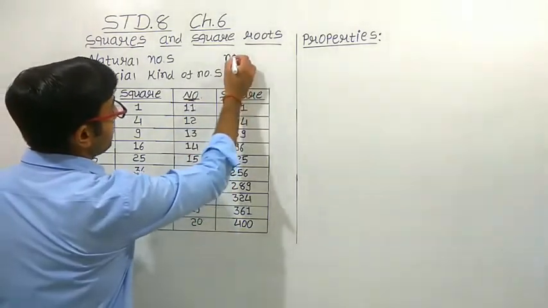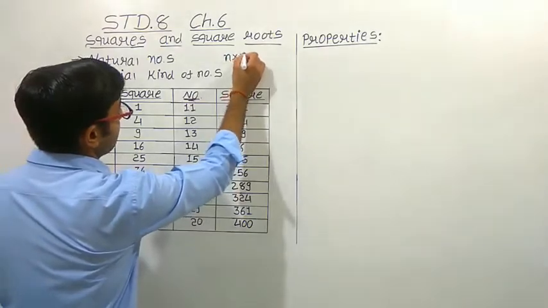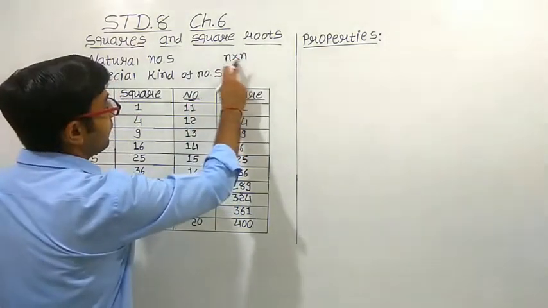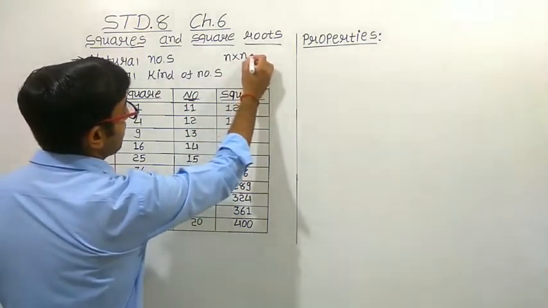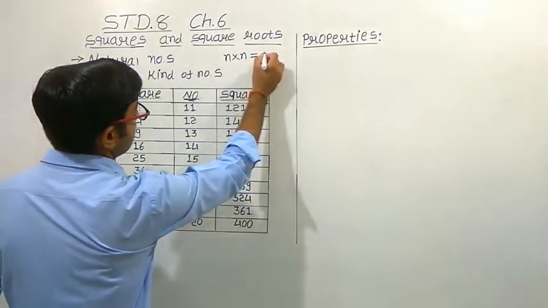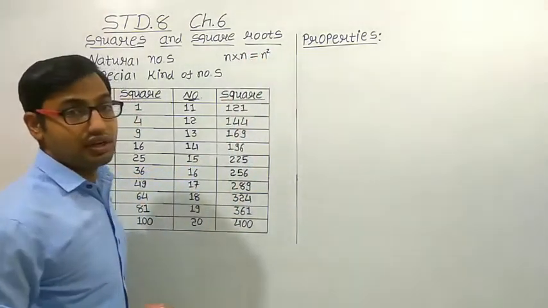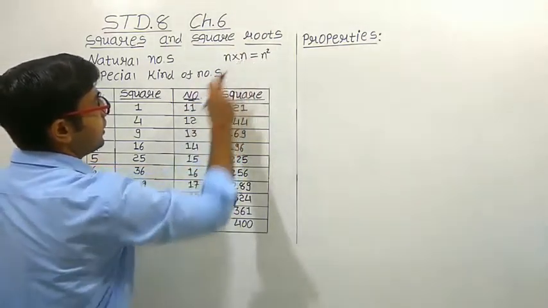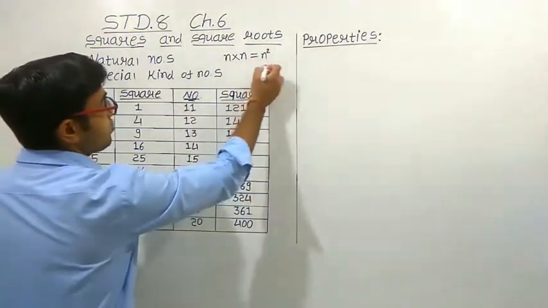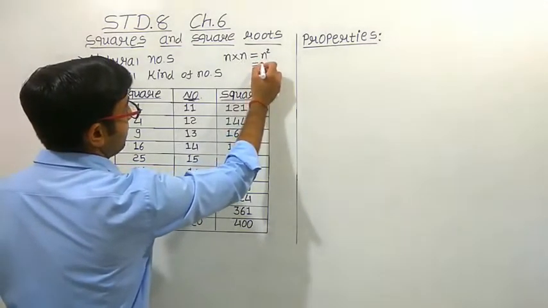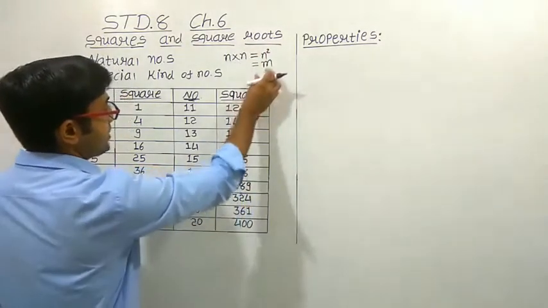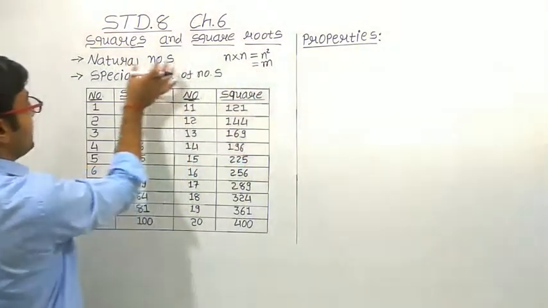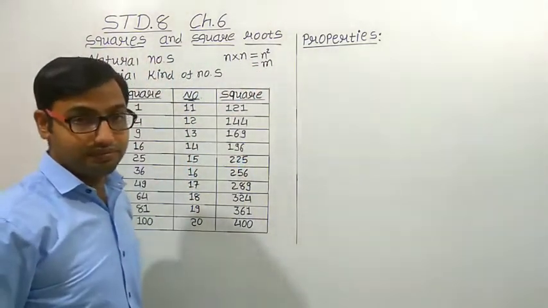Then if we multiply the same number, whatever we get here, it is called the square of the number n. In place of n square, we can take one number, that is m. And what is m again? m is again a natural number.